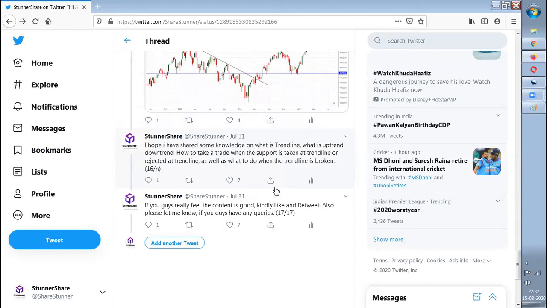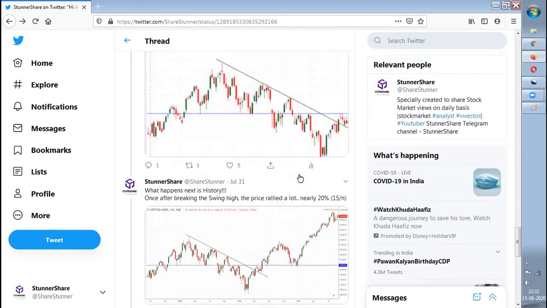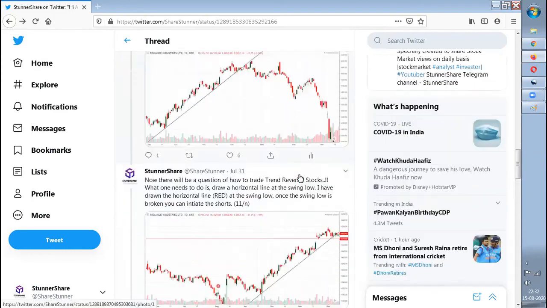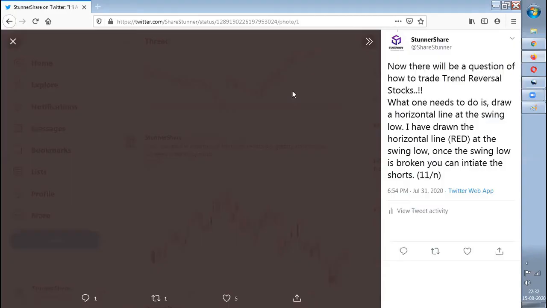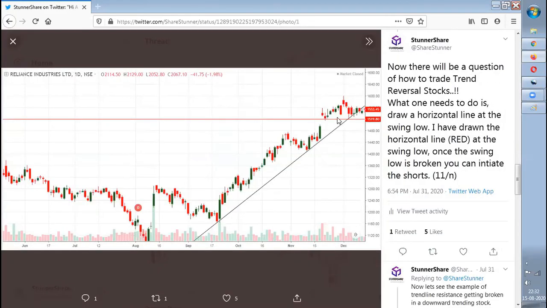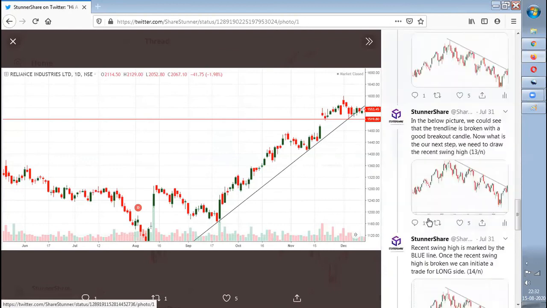So whenever a support trend line is going to get broken, you need to draw a horizontal line at the swing low, and once that swing low is getting broken, you can initiate a trade for the downside.